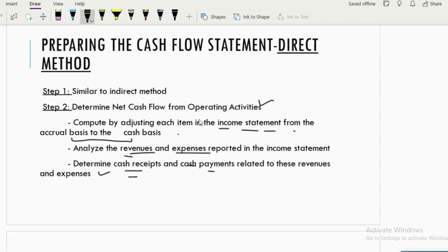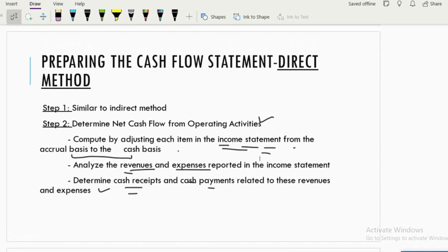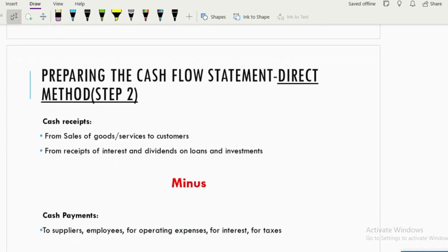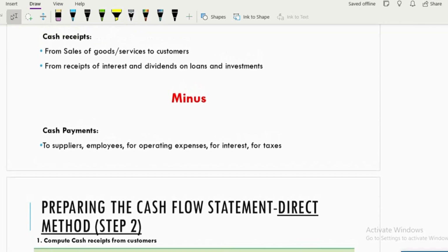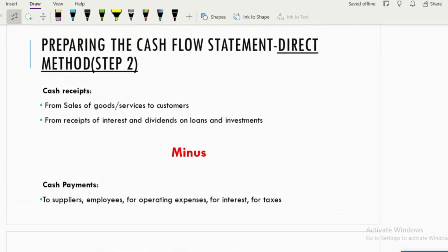So which things to include: look at the income statement, revenues and expenses items, and then you will be converting them. I'm going to use the same data set which I used for the indirect method. Firstly, in the operating activity section, I will be preparing all the revenues on the cash basis.